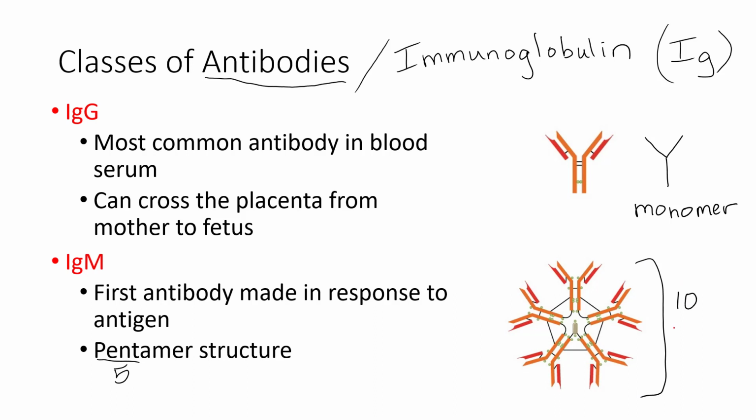That's right, it has 10. So there's 10 antigen binding sites in the IgM molecule. It's huge. It explains why it's the first one that's made in response to antigen, because it's your largest tackle football player, is how I think of IgM. IgM is the tackle football player. He's going after a pathogen, and boy, he's going to grab onto 10 of those guys at once. So that's a big advantage of producing IgM first.